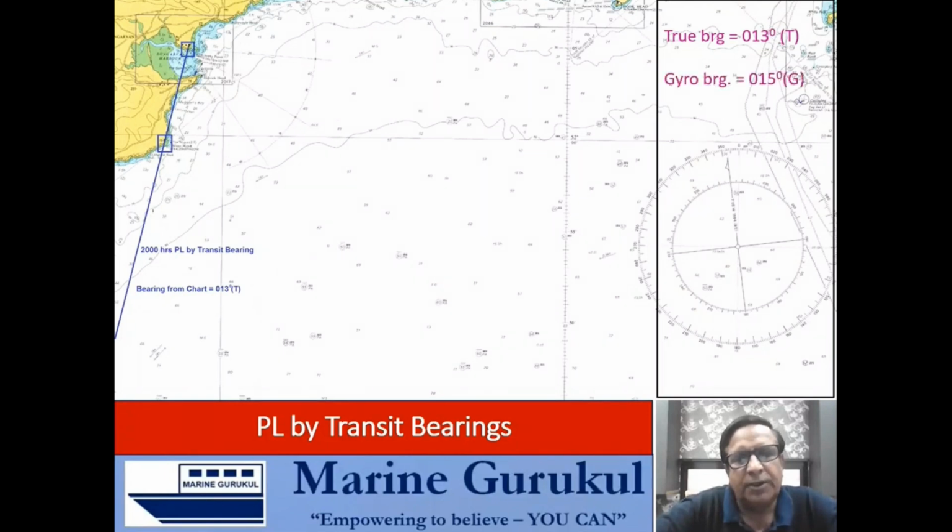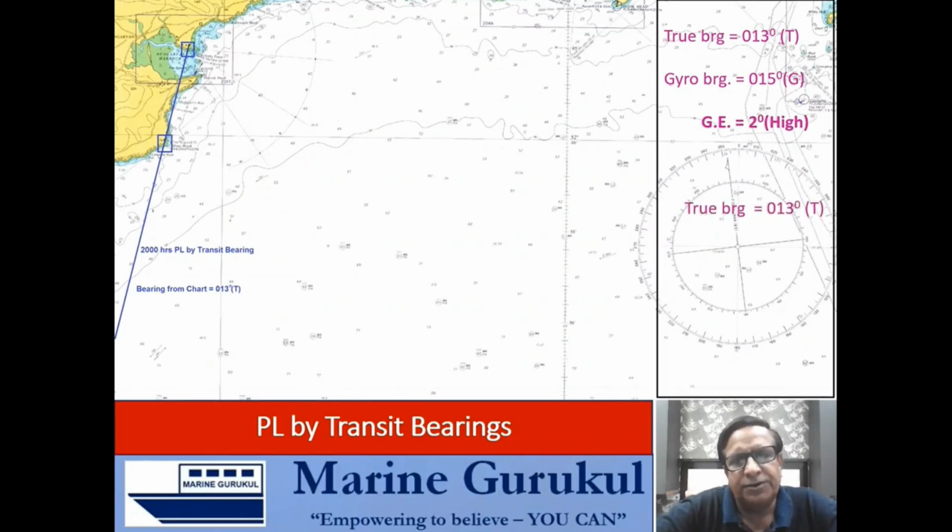The gyro bearing is given to be 015 degrees gyro. Obviously, the gyro error would be 2 degrees as the difference is 2 degrees. To determine whether it's high or low, we can see the gyro reading is high. So therefore, the error will be 2 degrees high.